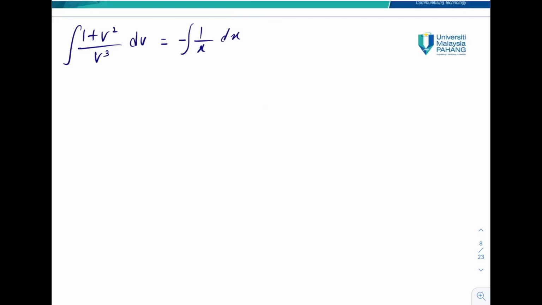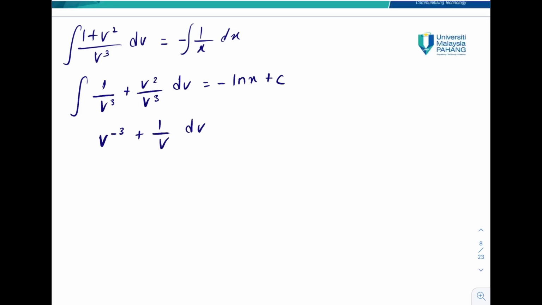First thing, maybe we change the form first: 1 over v cubed plus v squared over v cubed dv. The right side is a straightforward negative ln x plus c, and then we have to adjust all the terms at the left side. This will become v to the power negative 3, this will become 1 over v dv.